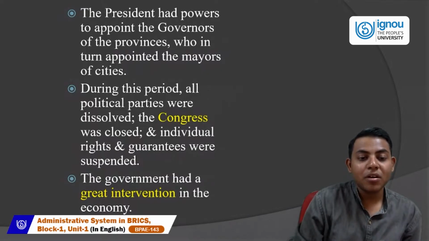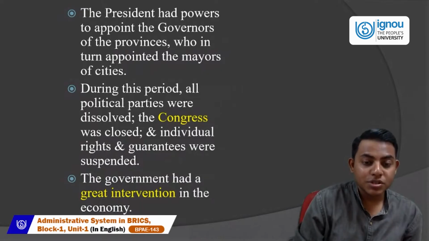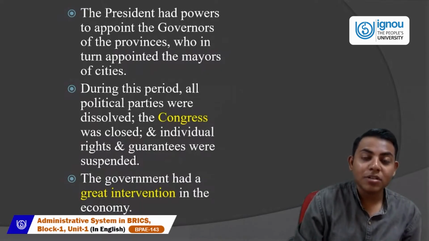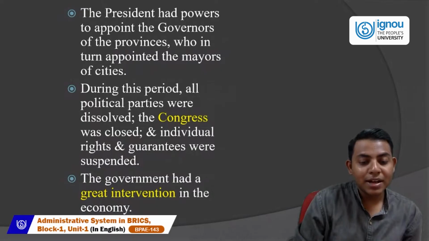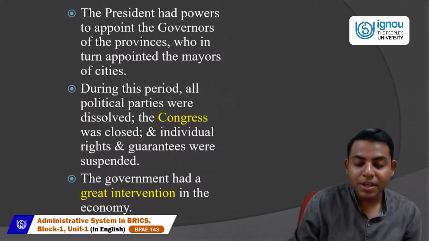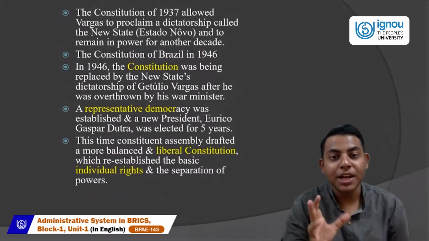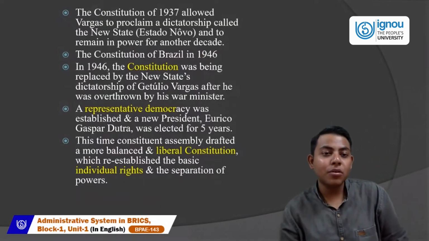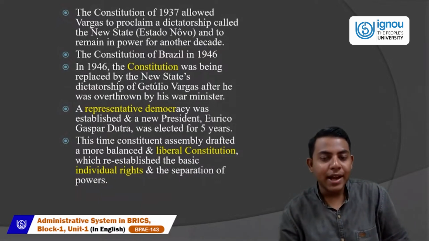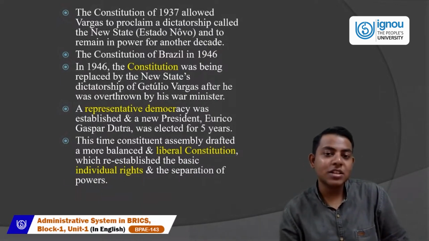During this period, all political parties were dissolved, the Congress was closed, and individual rights and guarantees were also suspended. So it was more of a dictatorship. This government had a great intervention in the economy as well. The Constitution of 1937 allowed Vargas to proclaim a dictatorship, which came to be known as the new state or Estado Novo. And Vargas went on to remain in power for another decade.